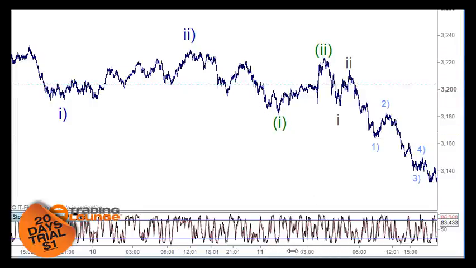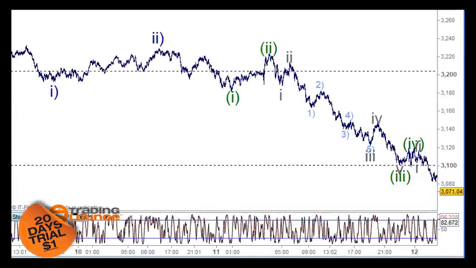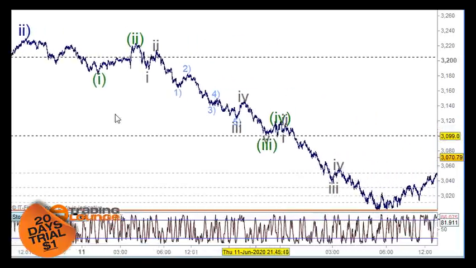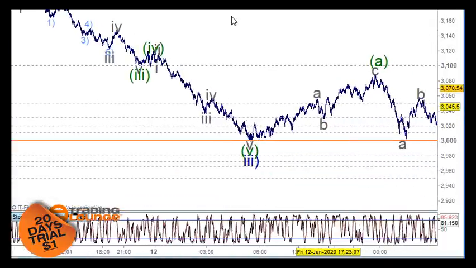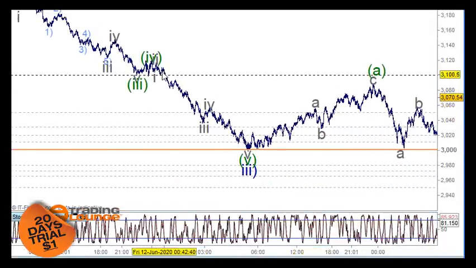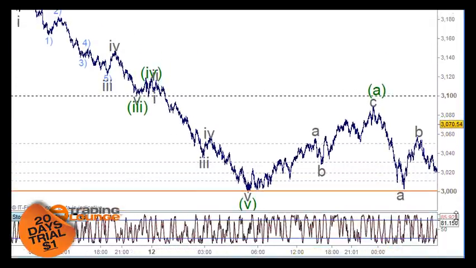And then down for 1 and 2 here for the green one. And then just working through this here as 1 and 2 and 1 and 2 and 3 and 4 and 5. The detail's important. 3, 4 and 5 here for the third wave, the fourth wave here. And I pulled all my little light blue aqua ones out of there, but basically 1 and 2 here, and it's definitely 5 waves in here.